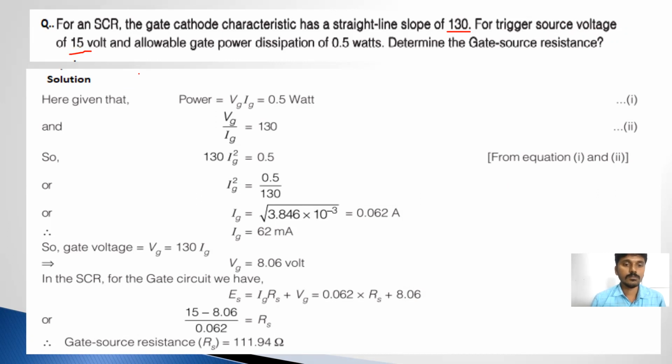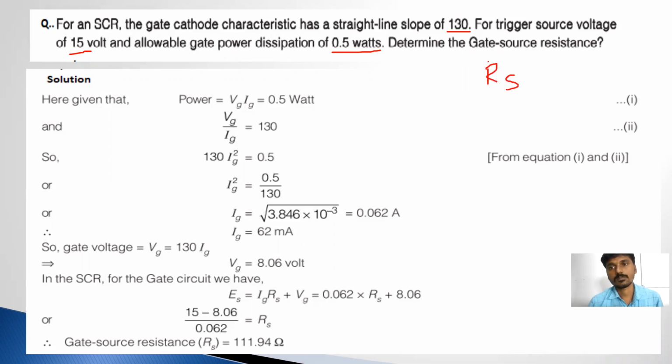Clear? And the allowable gate power dissipation is 0.5 watts, PG is given as 0.5. Determine the gate source resistance.